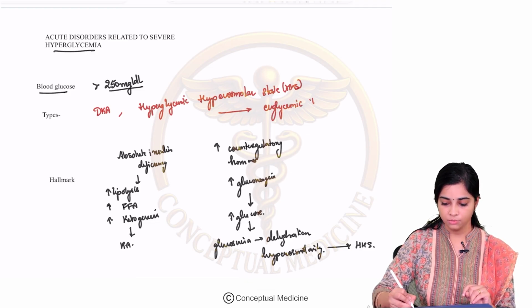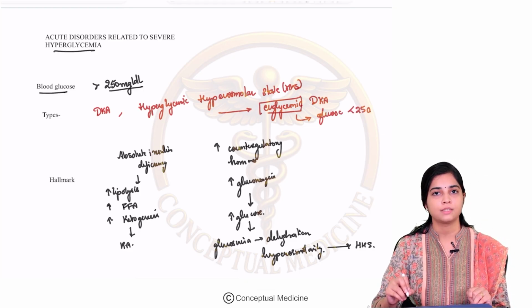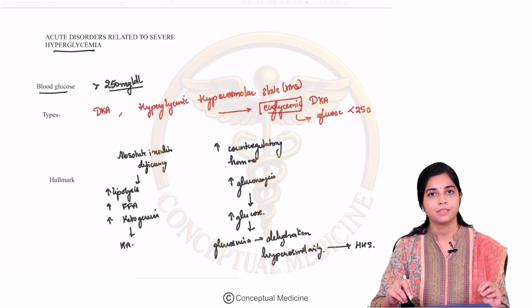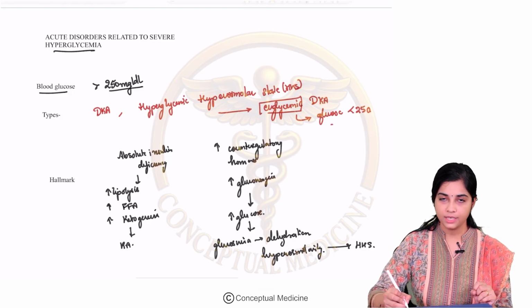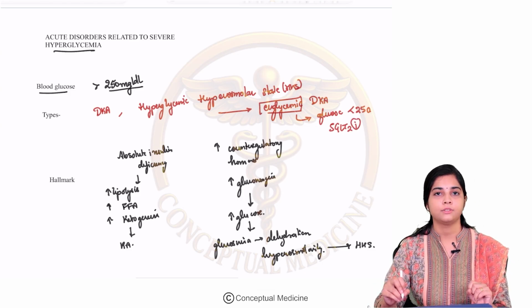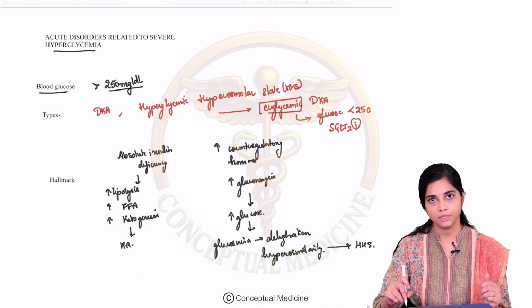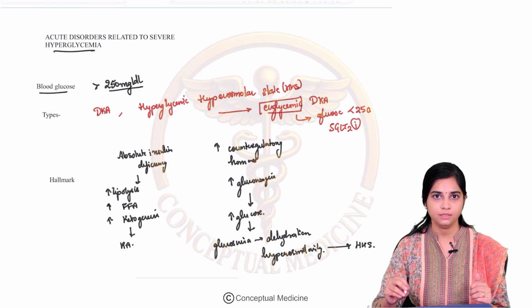The odd feature about euglycemic DKA is that the glucose levels are normal or less than 250. So the disadvantage is that this will be picked up a little later. It is associated with the use of SGLT2 inhibitors. So a very important side effect of SGLT2 inhibitors is euglycemic DKA.